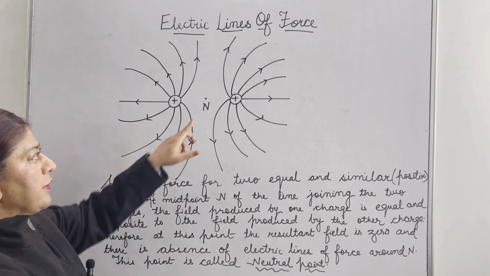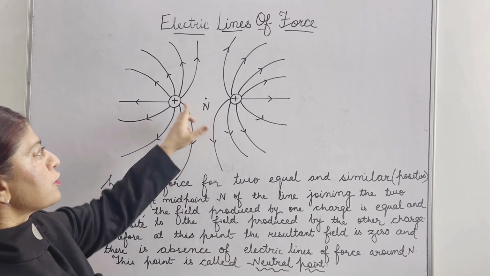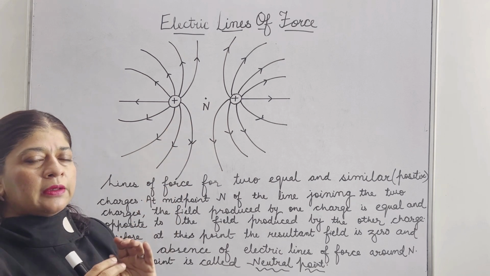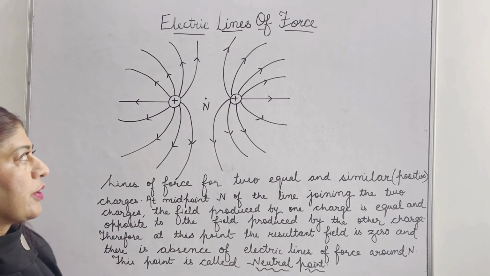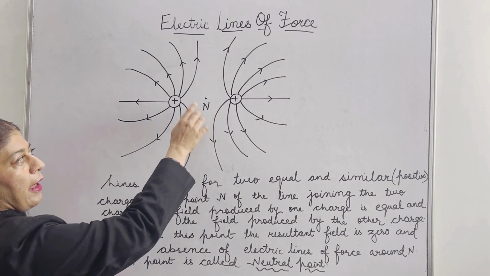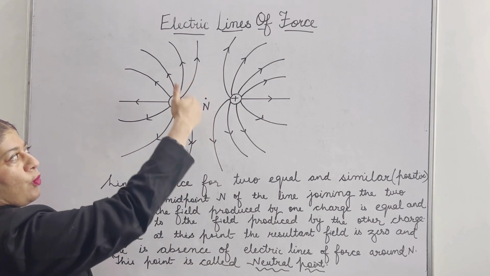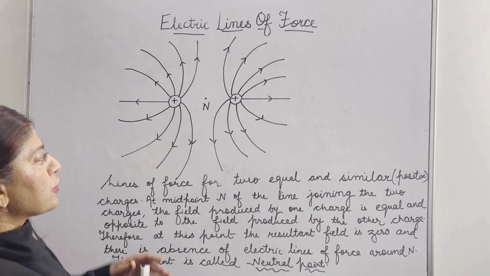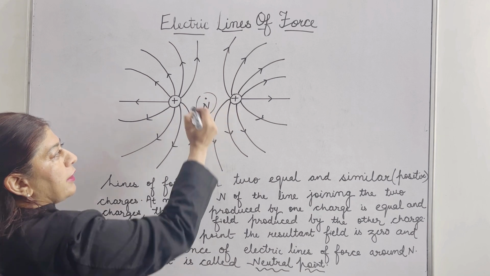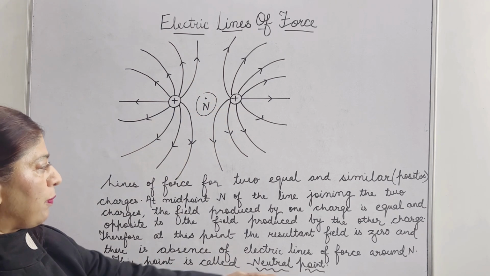At this point, the electric lines of force from both charges are equal in magnitude but opposite in direction, so the resultant effect is zero. That is why there are no electric field lines here, and this point, around which there are no electric field lines, is known as the neutral point.